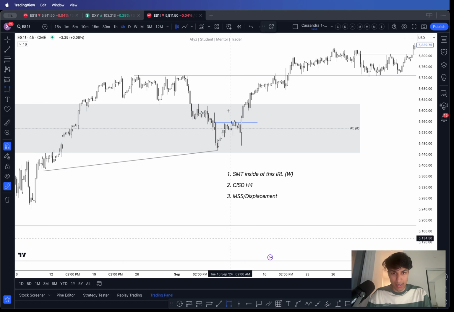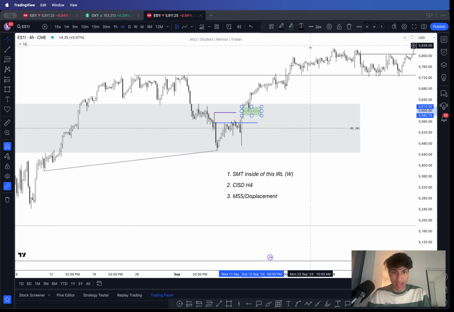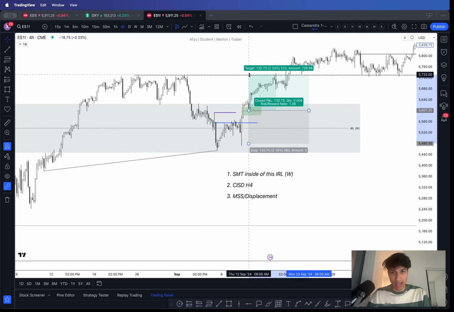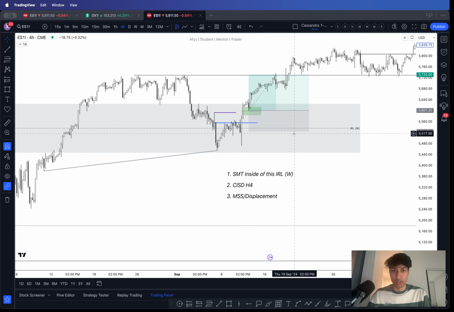It also inverts this fair value gap, this inversion PD array. As price does that, we can see we get a market structure shift above this high, make that a different color, and we also get, like I said, a characteristic displacement in the form of a fair value gap. This could be a trade opportunity, again, targeting that weekly external range high, risking the rejection block low, for example.